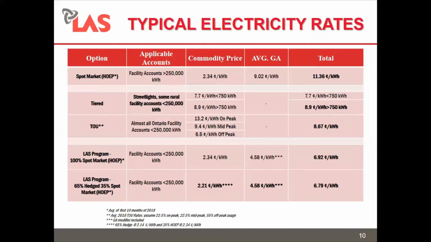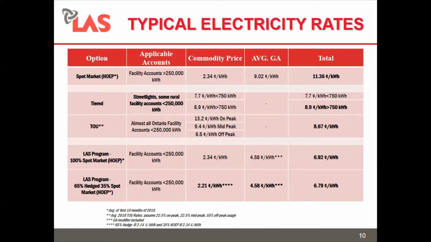So what's the price you're going to pay? The commodity price HOEP is still the same, 2.34, and the GA, that's the 9.02 deducted by 4.44, so you will pay 4.58 for your GA, and the total cost will be around 6.92 cents for the first 10 months.